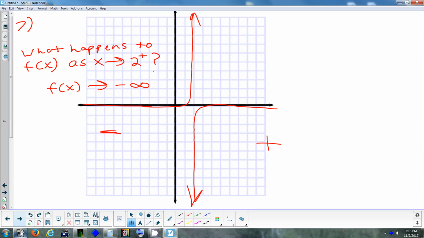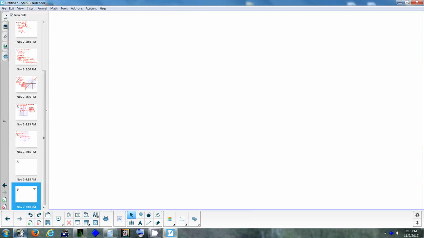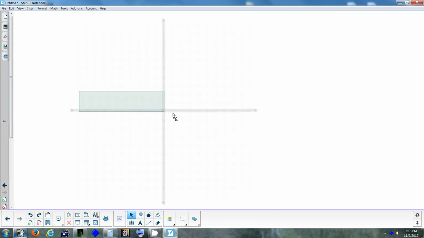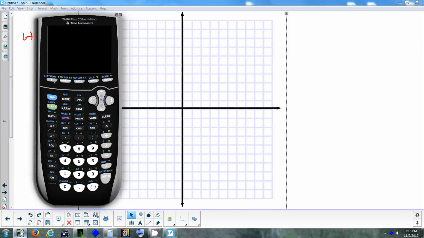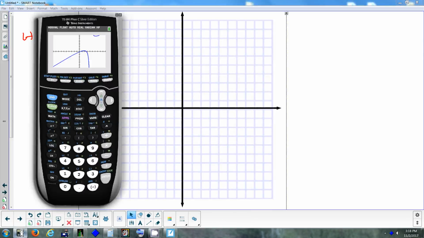All right, let's make up another one. We talked a little about local mins and maxes. I think we did last night in the homework. The question is going to be, how many local minimums does the graph I'm about to show you have?